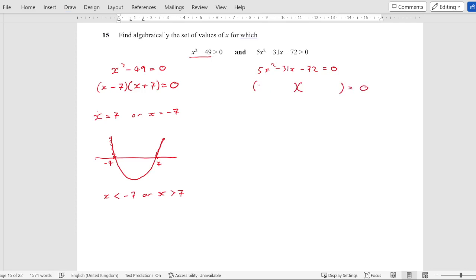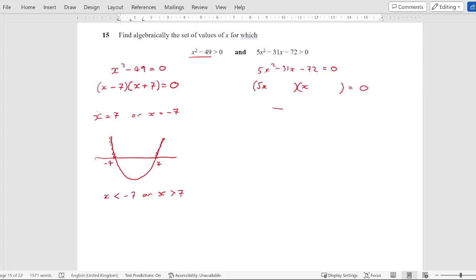The only way we can make a 5x squared is with a 5x and an x. And then we're looking for factors of 72. So factors of 72, 8 and 9 first of all.